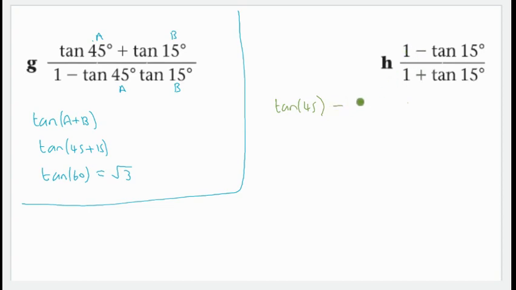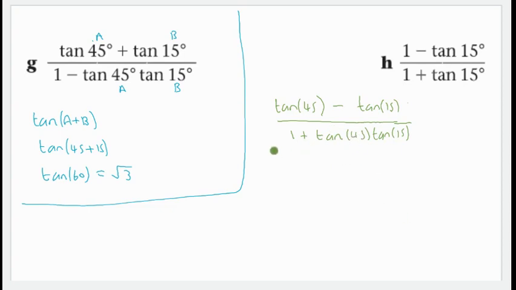And then it's minus tan 15, divided by, keep this 1 as it is, and then plus tan 45 multiplied by tan 15. So again, using the fact that tan 45 is 1, we can replace tan 15 with tan 45 times tan 15 because it's still the same thing as tan 15.